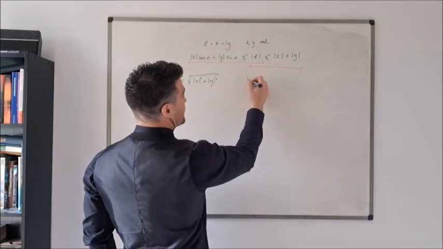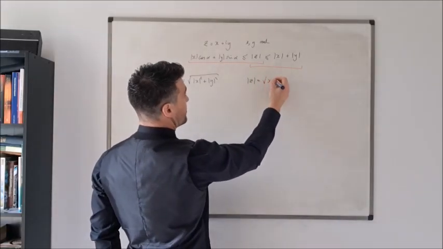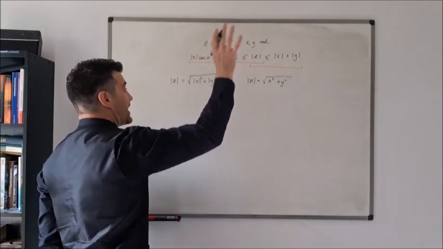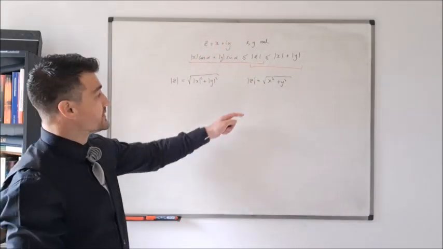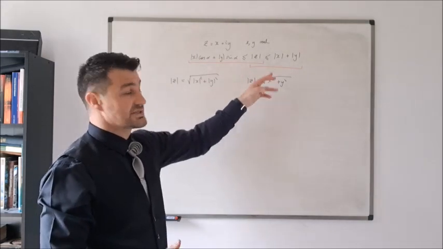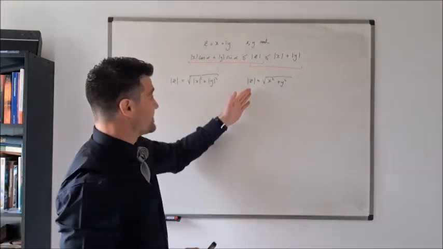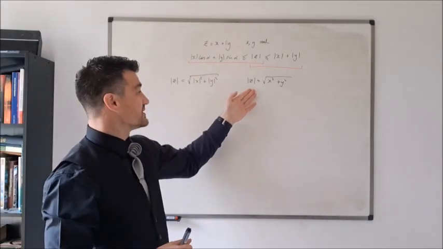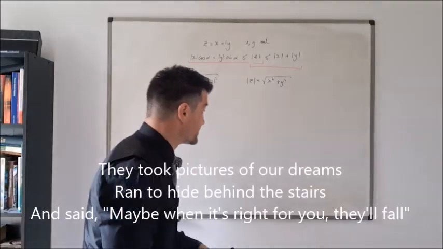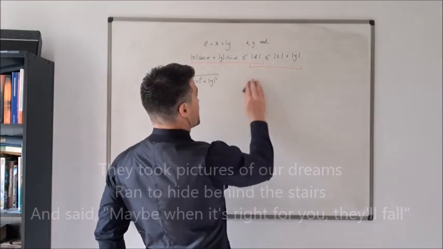Maybe you could argue the modulus of a complex number z equals x plus iy is more the square root of x squared plus y squared, but remember, x and y are real, so the modulus of x squared is going to be equal to x squared. It's not going to make any difference fundamentally. So this is arguably the definition of modulus of z, but this is equivalent to that definition. We're going to use this for the simple reason that we've got modulus of x and modulus of y up here.